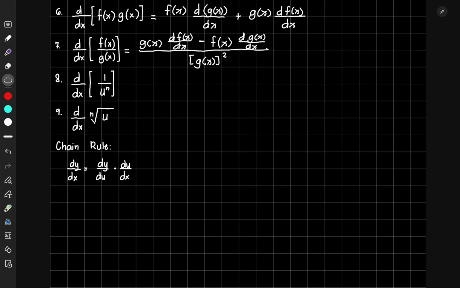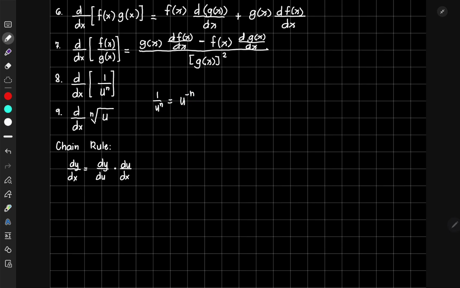So next rule, number 8. So meron tayong the derivative of 1 over u raised to n with respect to x. So yung u dito is a function of x siya. So etong formula nito is derived from the power rule, which is kung ilagay natin sa taas tong u raised to n, so magiging u raised to negative n.